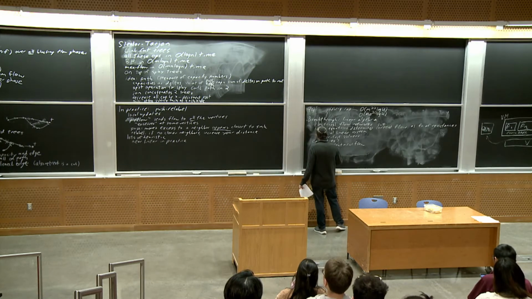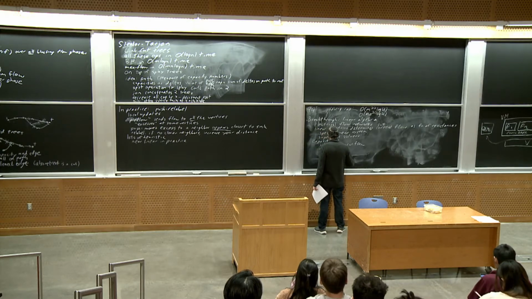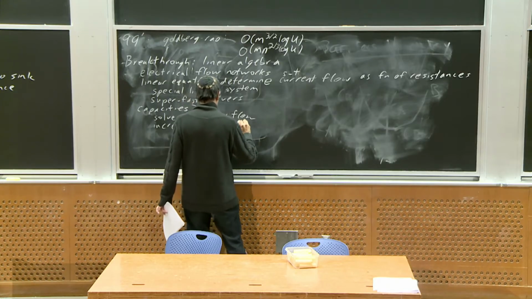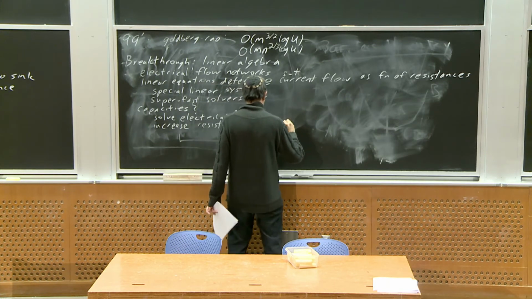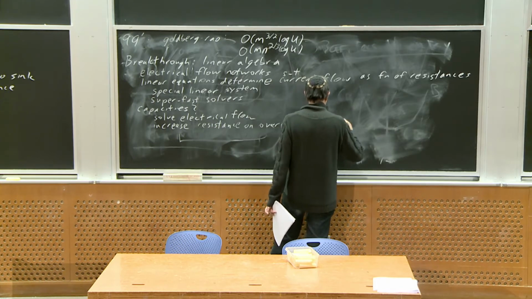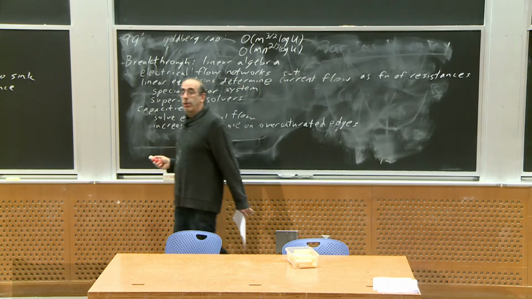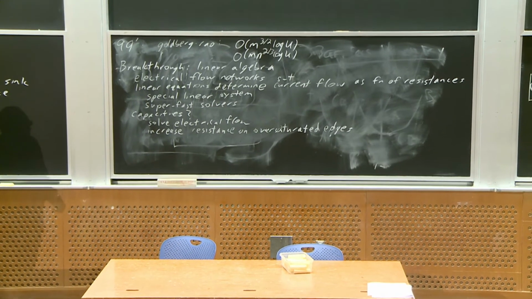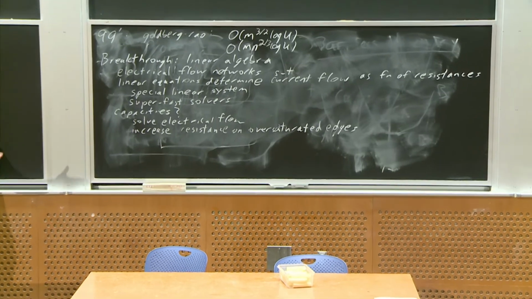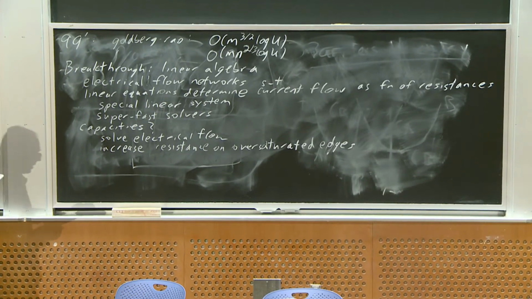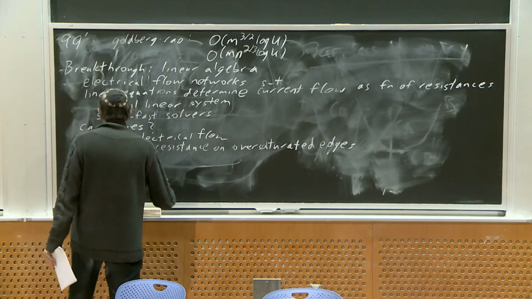Exactly. You increase the resistance on oversaturated edges. And now you compute a new flow, and you've just sort of encouraged the flow to go away from those edges. Now some other edges might get saturated, so you increase their resistance. You have to be very careful about this, doing it just right.